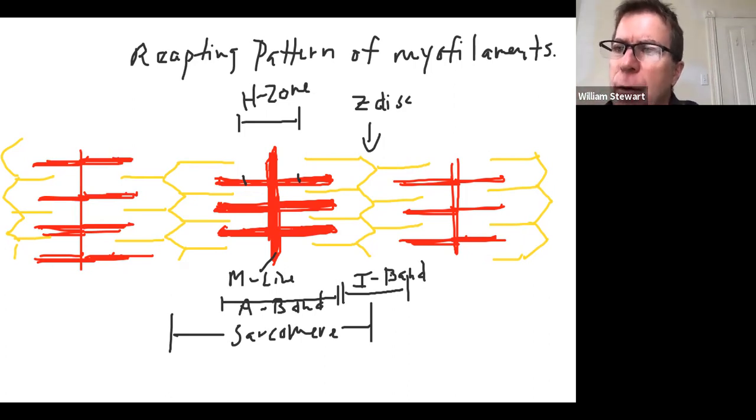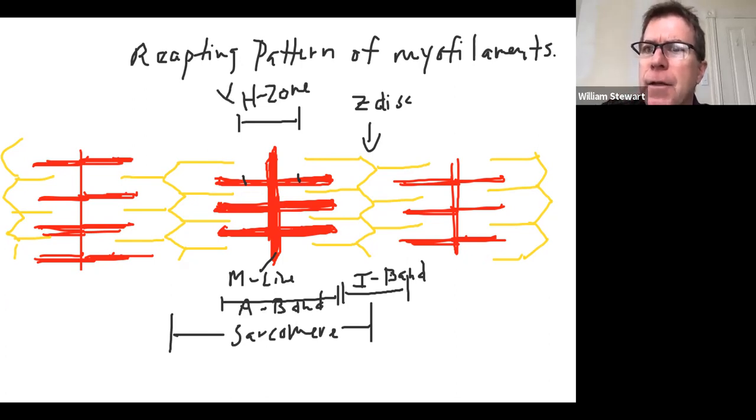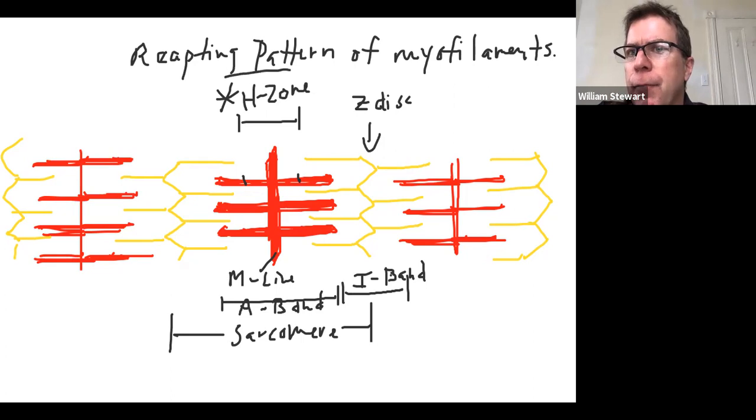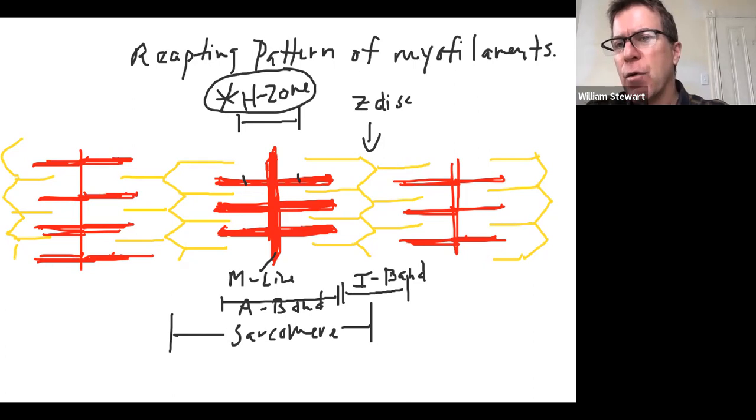Finally, that's all I want you to really know. One sarcomere, the A band, the I band, the M line, the Z disc, the H zone, and I'm going to star the H zone. The H zone specifically is the area within a sarcomere that shortens, narrows, and eventually disappears as the actin molecules get pulled by myosin toward the M line.